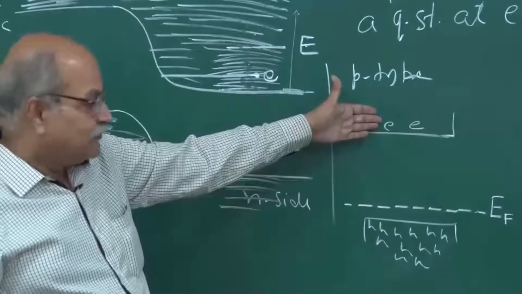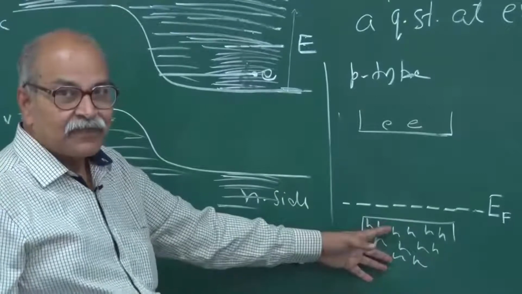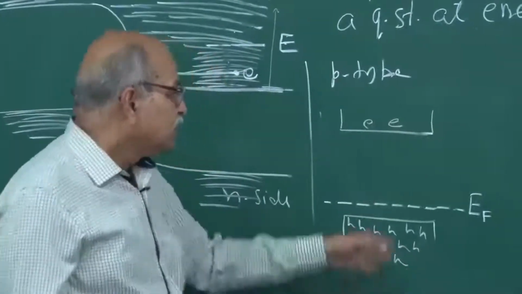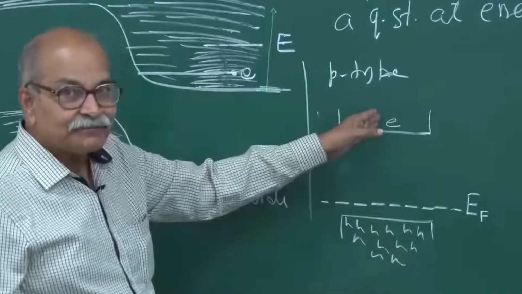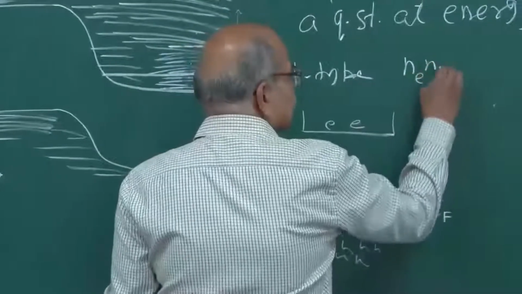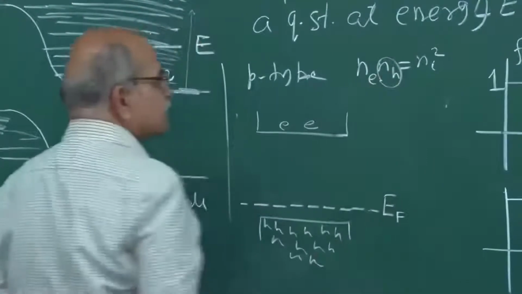You know that when you put in this p-type impurity, not only do you have a lot of holes, but the number of electrons Ne also goes down, because you know that Ne times NH is equal to Ni squared. So if this increases, this decreases.